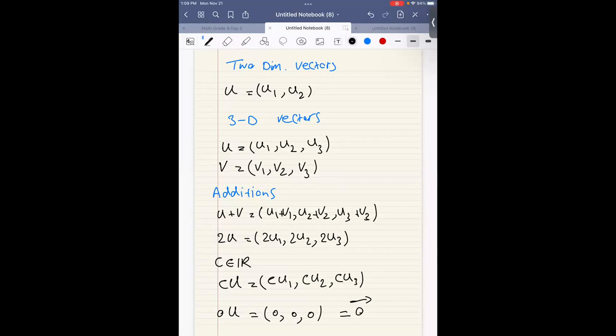Okay, guys, so those are the fundamental operations with vectors: addition and scalar multiplication. Maybe later I will also teach you the dot product or the inner product. Have you seen the inner product before? Yes. Let me tell you.